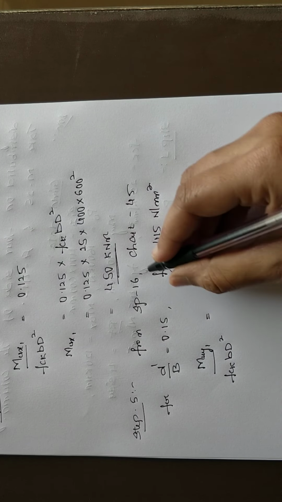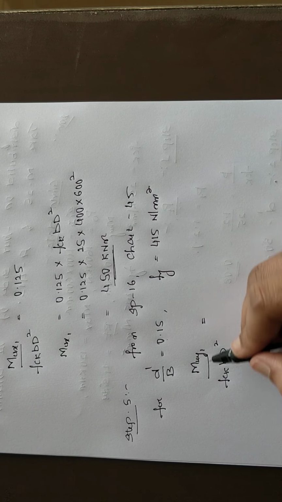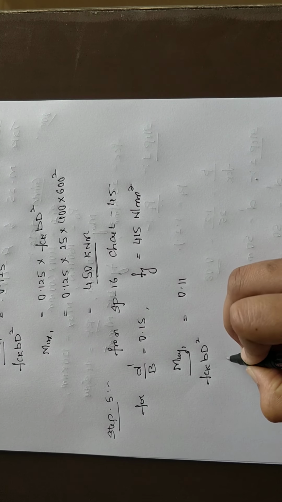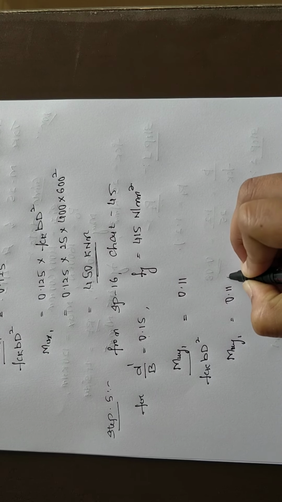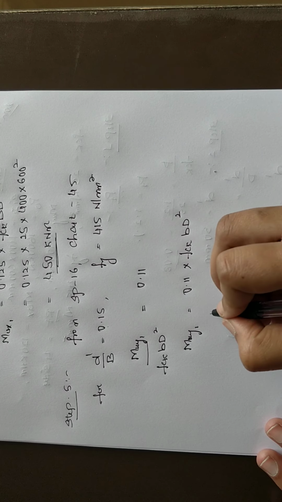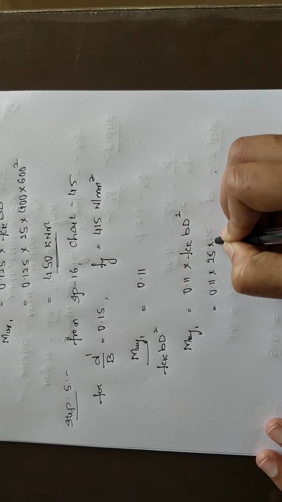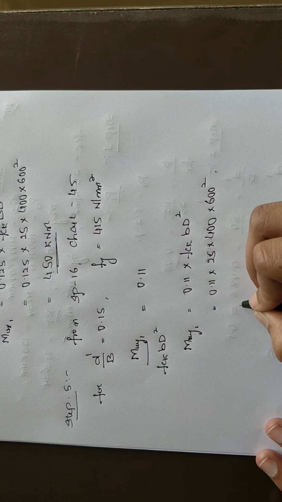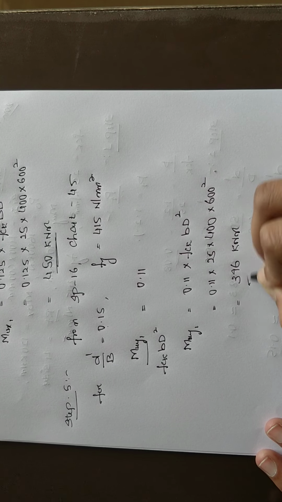Observe chart 45, with D dash by B value of 0.15 and Fy 415, you will get the ratio as 0.11. Then calculate MUY1, which equals 0.11 into FCK value 25 into 400 into 600 square. Then MUY1 you will get as 396 kilonewton meter.